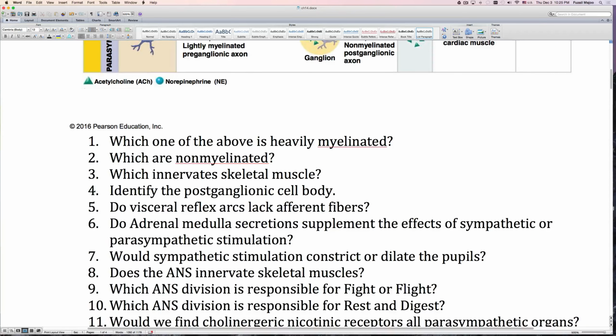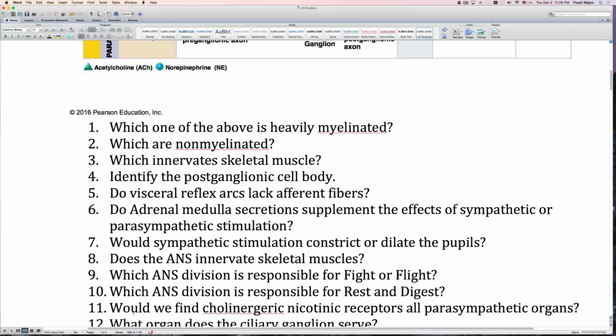Number 9, which ANS division is responsible for fight or flight? Number 10, which ANS division is responsible for rest and digest? Would we find cholinergic nicotinic receptors at all parasympathetic organs?